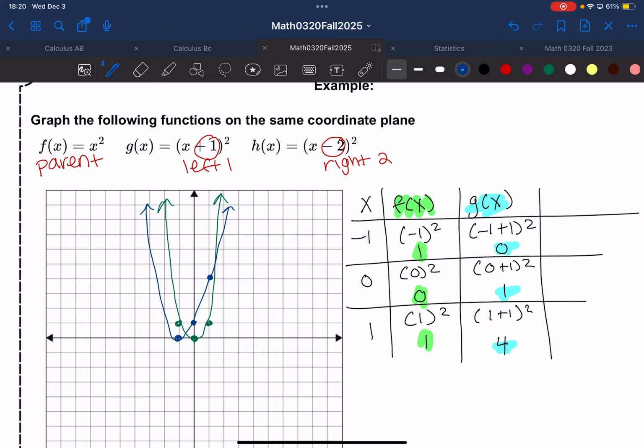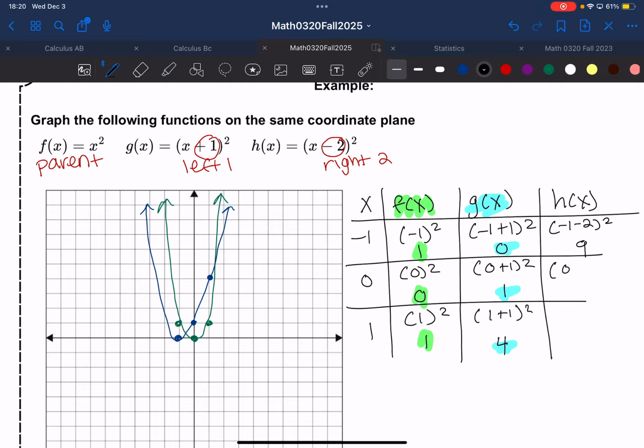Okay, so then we have h of x, which is x minus 2 squared. So we have negative 1 minus 2 squared, which is negative 3 squared, which is 9.